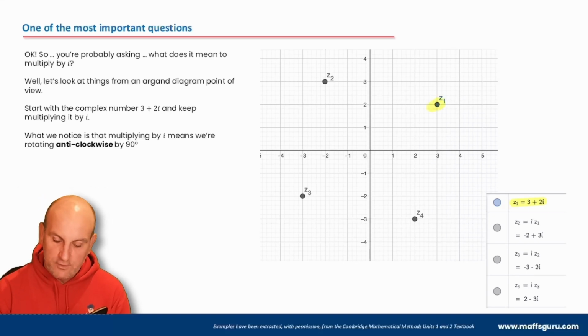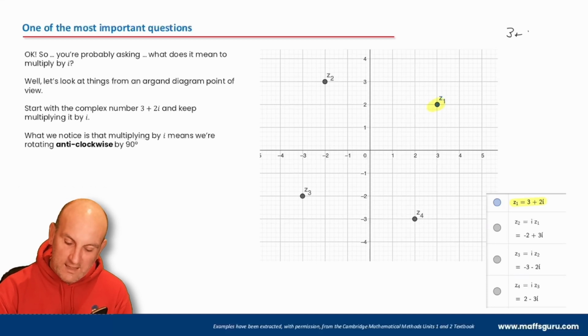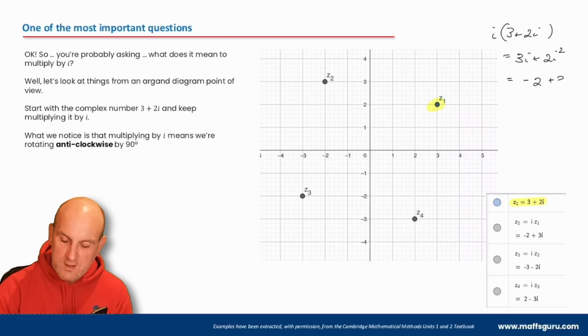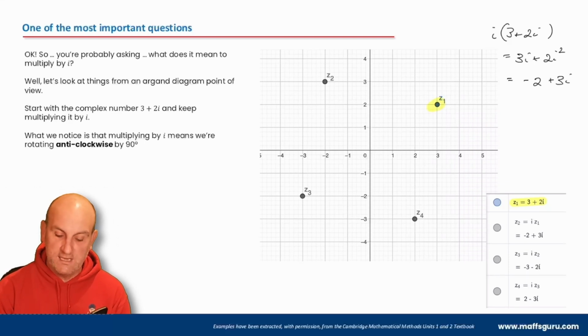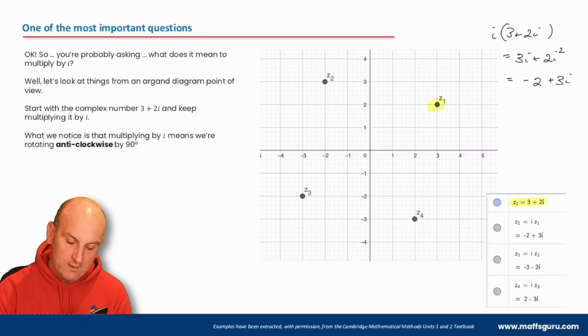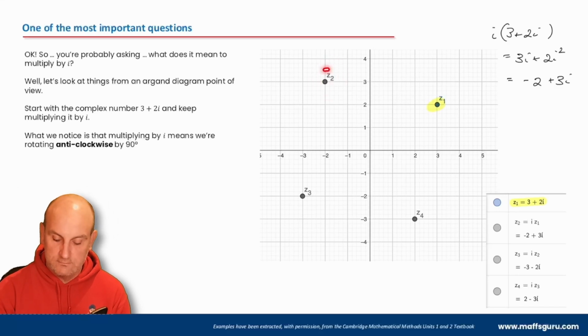So there it is, 3 plus 2i. If I multiply that by i, I'm going to get 3i plus 2i squared. i squared is minus 1, so you get minus 2 plus 3i. Now, when we plot minus 2 plus 3i, what do I notice? Well, there's my Z2.